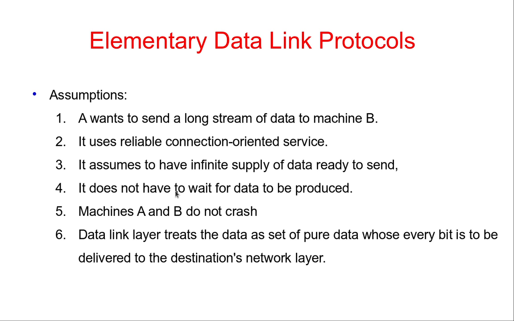It does not have to wait for data to be produced. Machines A and B themselves do not ever crash. The data link layer treats the data as pure data, so every bit is to be delivered to the destination's network layer. These are the assumptions which are made first, and based on that we'll be seeing the next protocols.